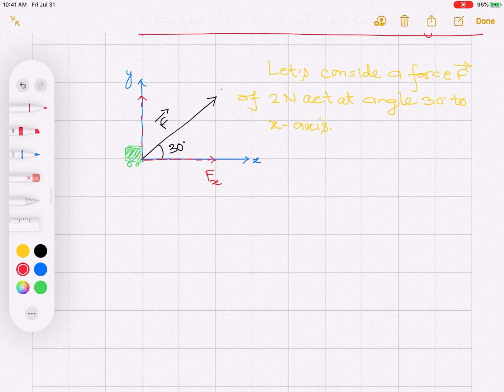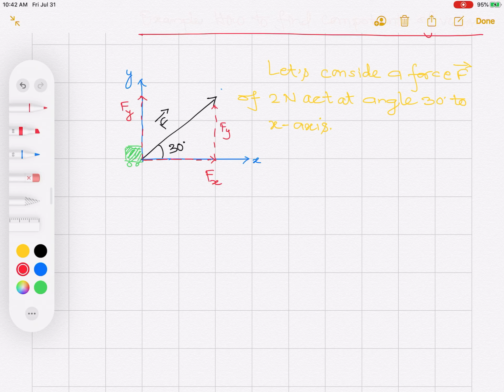So I will denote this vector with F_y. Make sure always the resultant vector should be in between these components. You can take this as the y component, because this and these are parallel lines to the y-axis. So you can take any one, it does not matter.